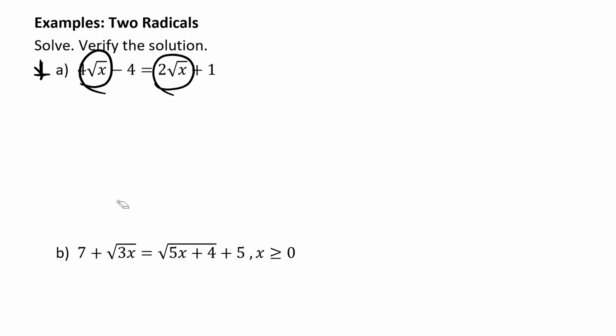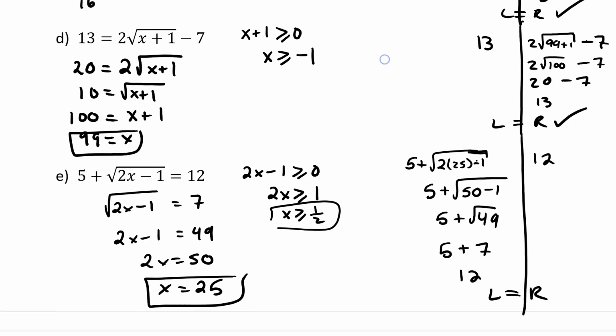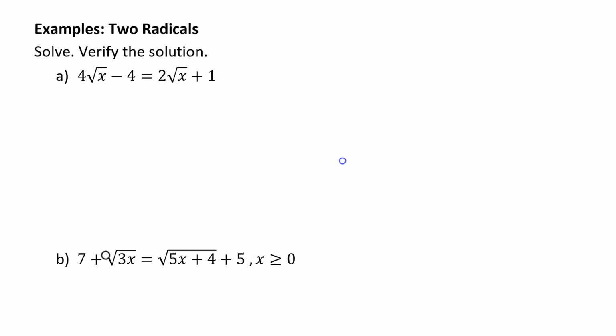So with this one, we are going to collect like terms, and then it will be very similar to the examples that we saw above. So we're going to say x must be greater than or equal to 0. So I'm going to add 4 to both sides.